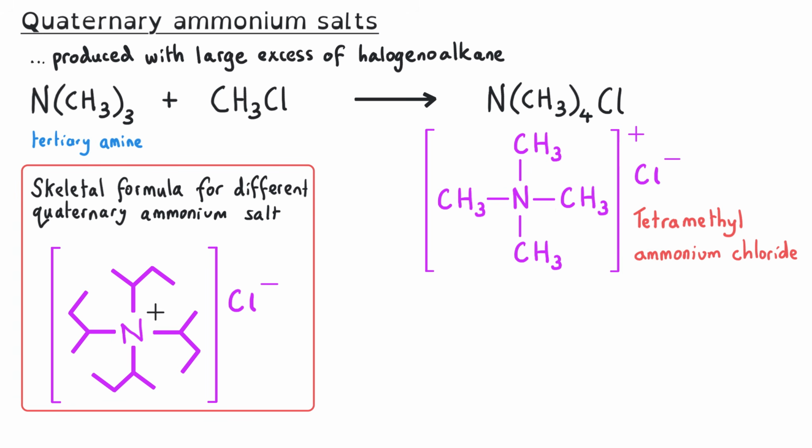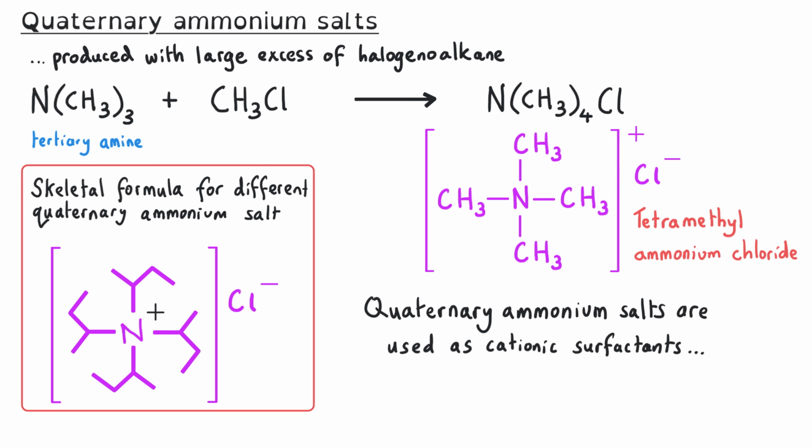You can sometimes be expected to draw the skeletal formula for quaternary ammonium salts, and they can start to look quite complicated, as you can see from this example that I'm showing here. Quaternary ammonium salts are often used as cationic surfactants, which are often used for various cleaning applications such as fabric softeners, hair conditioners, and disinfectants.